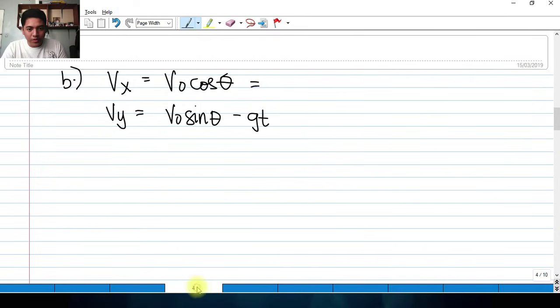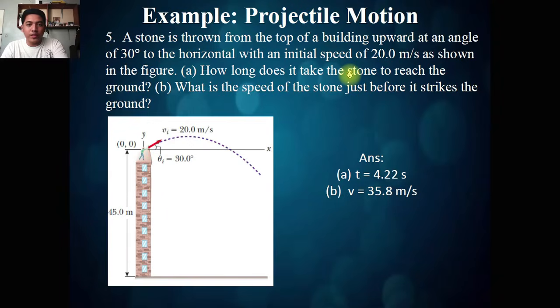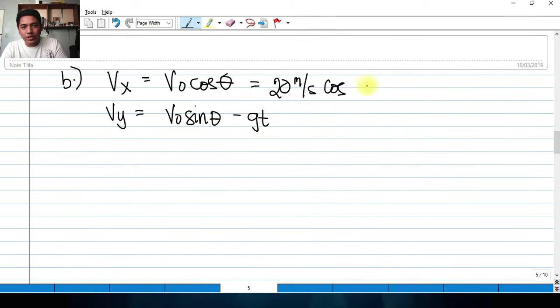Our v naught is 20 meters per second. Have we used 20 meters per second? Yes. So 20 meters per second cosine of 30 degrees, that is our velocity along x. 20 cosine 30 is 17.32 meters per second. That is the velocity component along x.